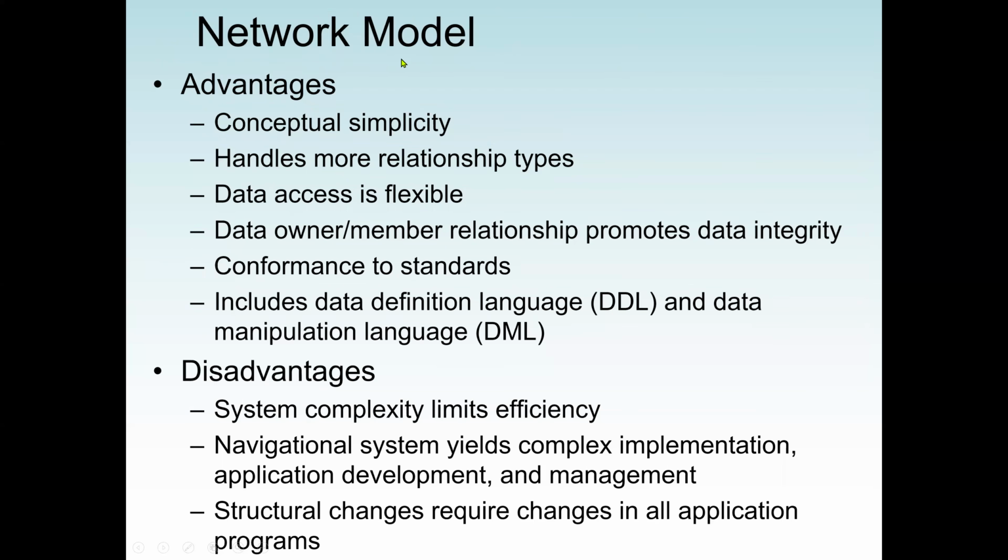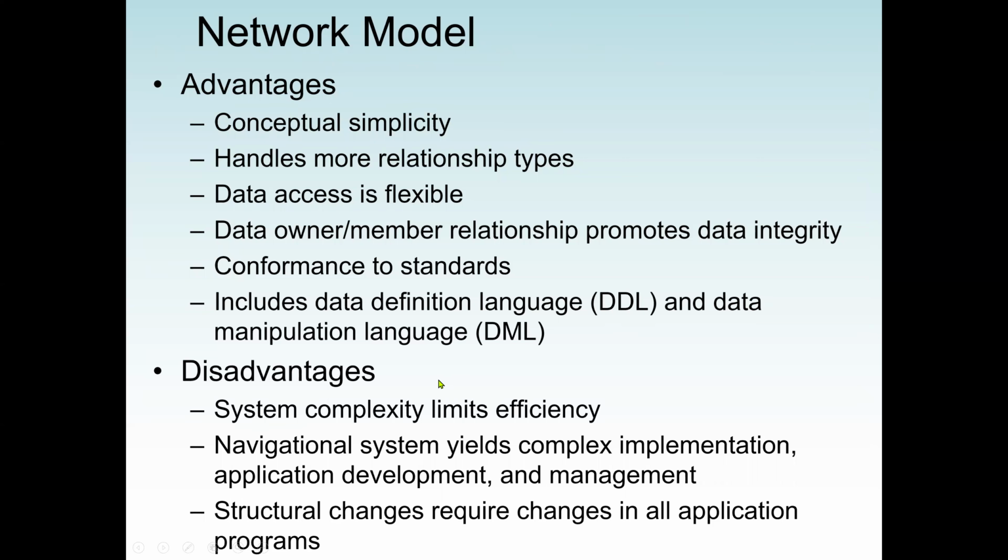For the network model, the advantage can be the conceptual simplicity. It's very easy to grasp the concept. It also handles more relationship types, all three relationship types. And data access is very flexible. The data owner or member relationships promote data integrity and also conformity to standards, including the data definition language and data manipulation language.